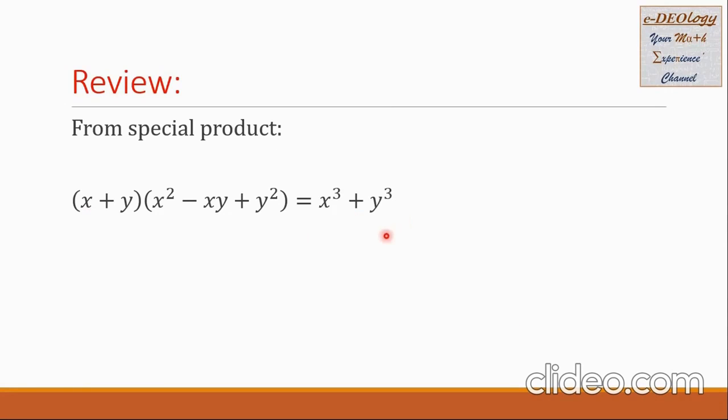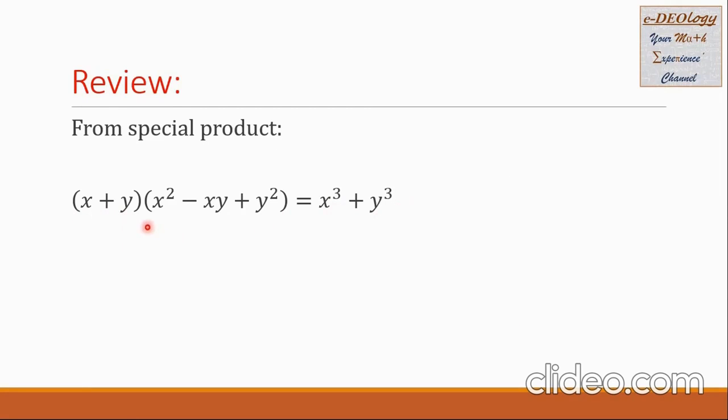Our product here is related to our binomial factor. It's like we take the first term of the binomial factor, put it here, and then put a power 3. And then the positive sign is copied here. The second term y is written here and then power 3.